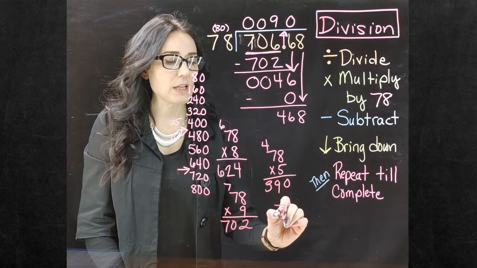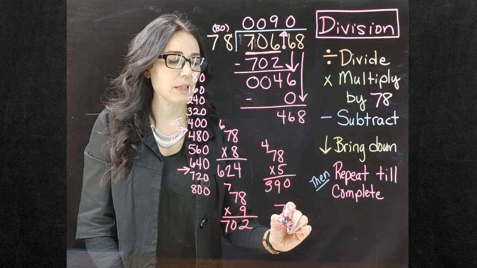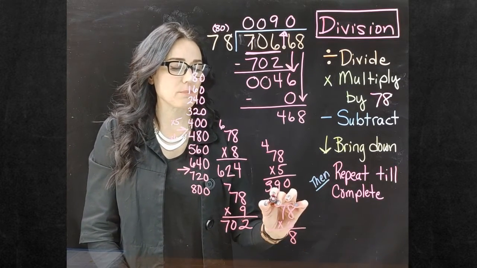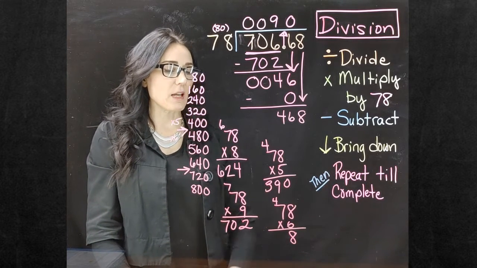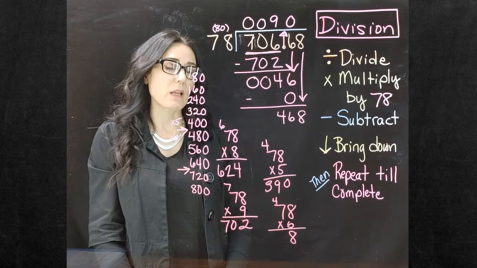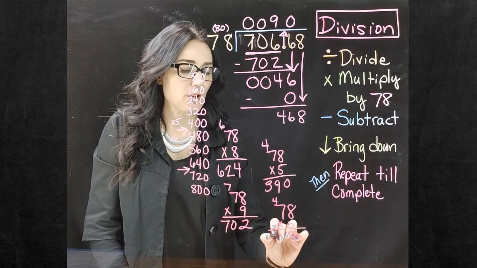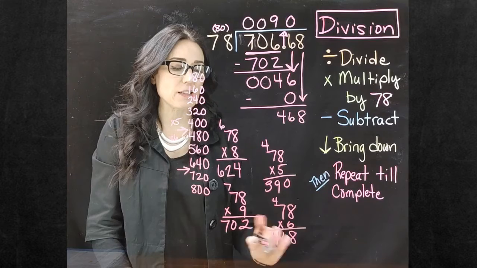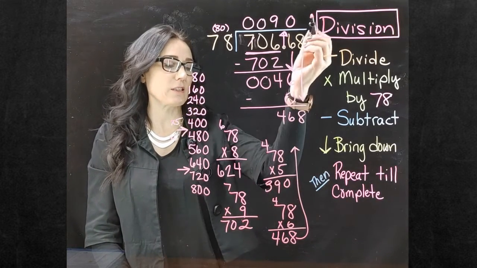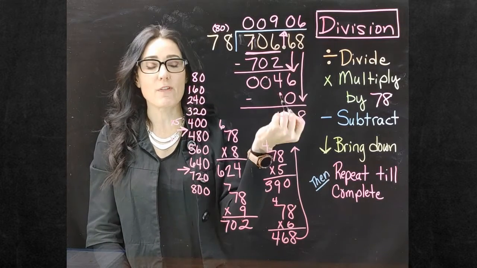So let's do 78 times 6. All right, so 6 times 8 is 48. 6 times 7 is going to be 42, plus 4 is going to be 46. And that's going to work perfectly up here. So I'm going to go ahead and say that this is going to go 6 times, not 5.